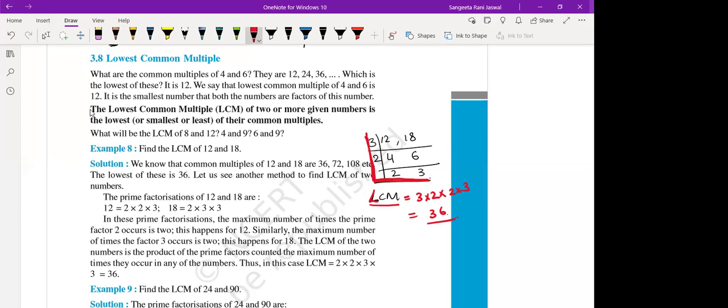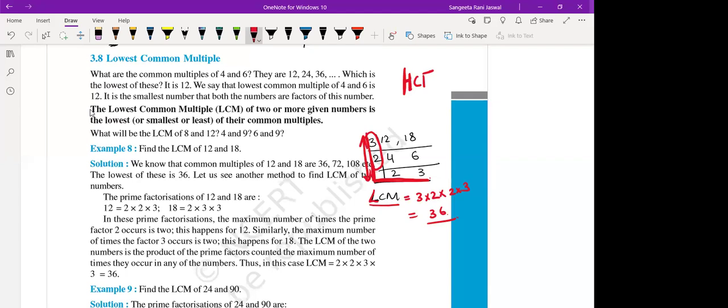But in case of HCF, you take only this part, only the common factors, the highest common factor. HCF is H like this, and H has a standing line, so we just take the standing line.